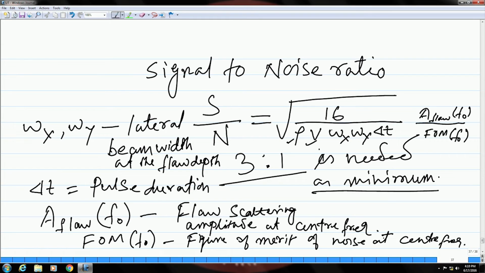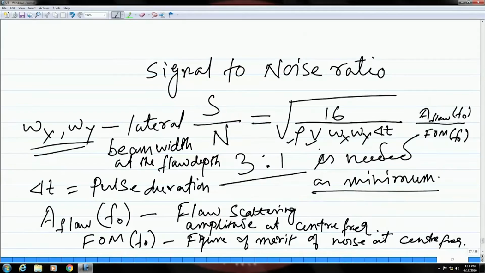Okay. So, these are the parameters which will control the signal to noise ratio, and based upon this you could see what are those parameters which will increase the detectability of the flaw. For example, if you decrease the lateral beam width, that means if you have a focused beam, then the detectability of the defects or the signal to noise ratio will be more.